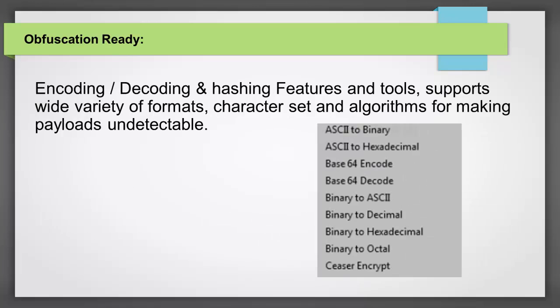It is also obfuscation ready, with plenty of encoding, decoding, and hashing features and tools. It supports a wide variety of formats, character sets, and algorithms for making payloads undetectable, and it has various encryption and decryption schemes as well.